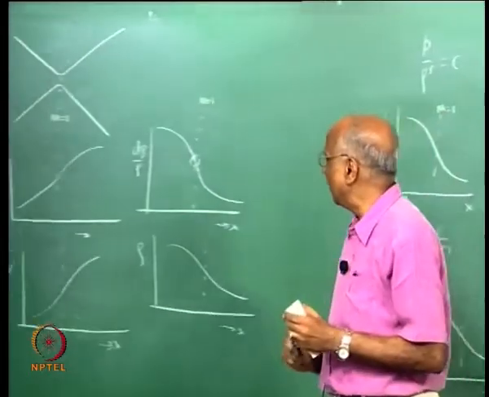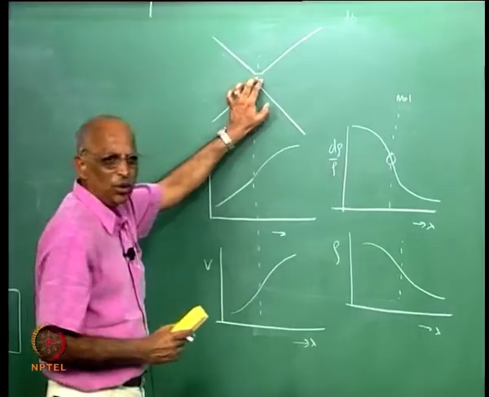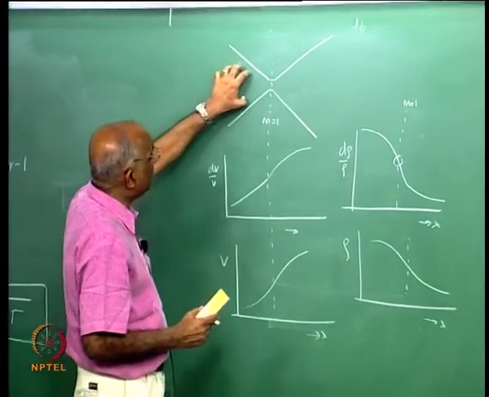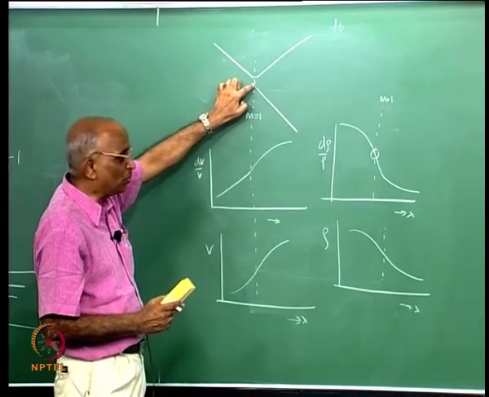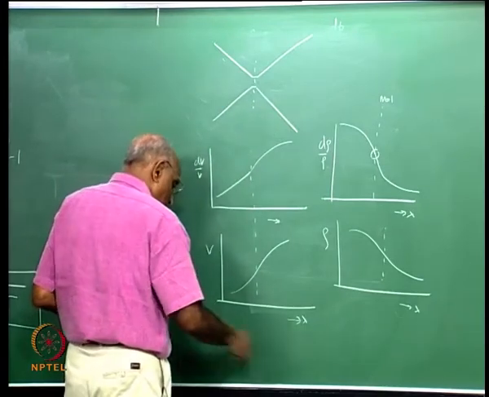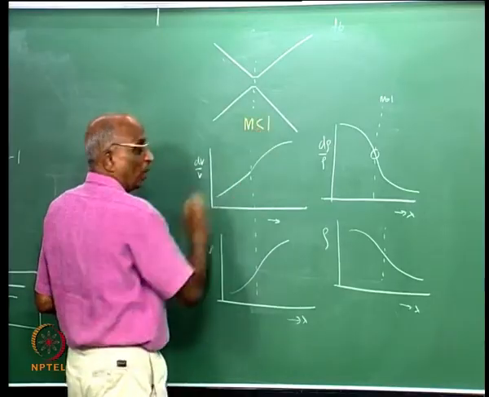If by chance the Mach number at the throat is not 1, that means I have insufficient pressure over here to give a high jet velocity equal to the sound speed. In other words, let us say Mach number is less than 1.